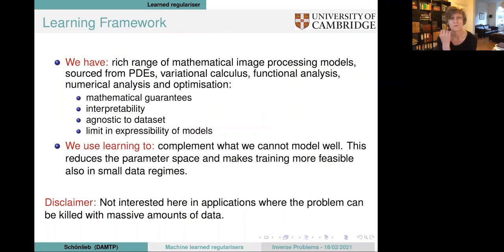So my approach is that I'm starting with a well-posed mathematical framework, like a variational model. And I use the data-driven component where I think I need it, and also try to do that in a way such that we can still have some guarantees at least preserved.